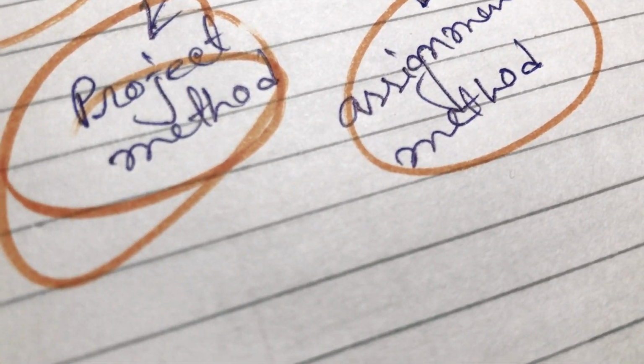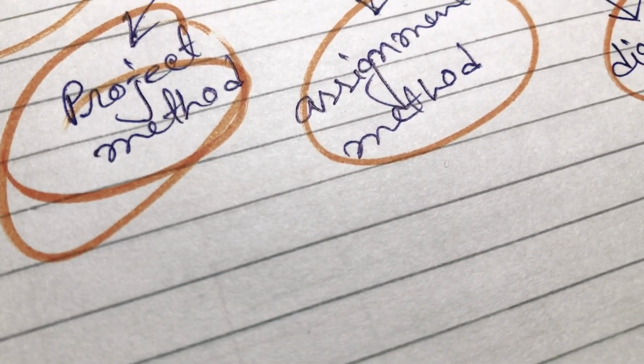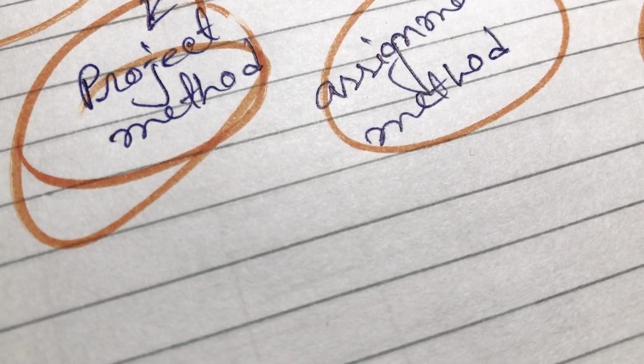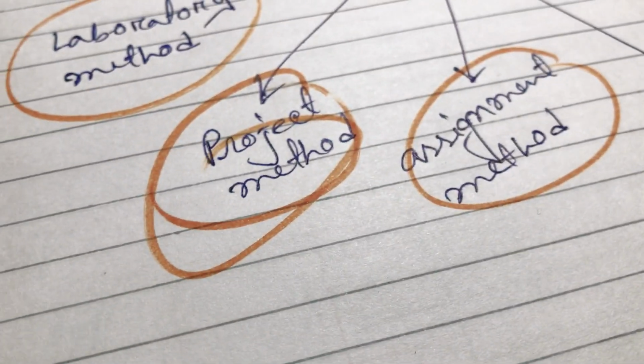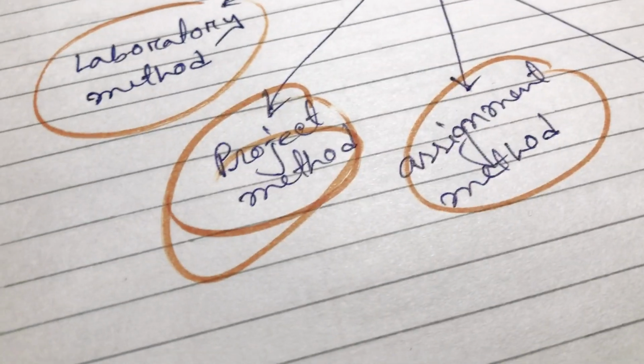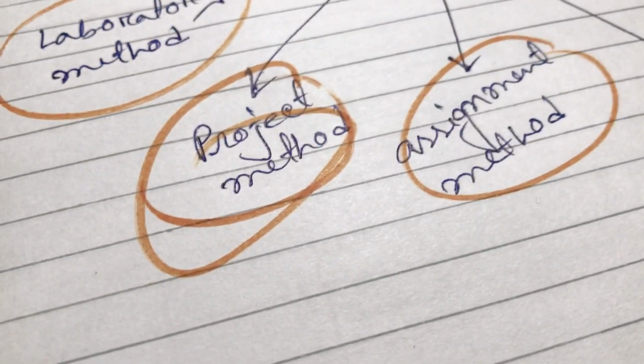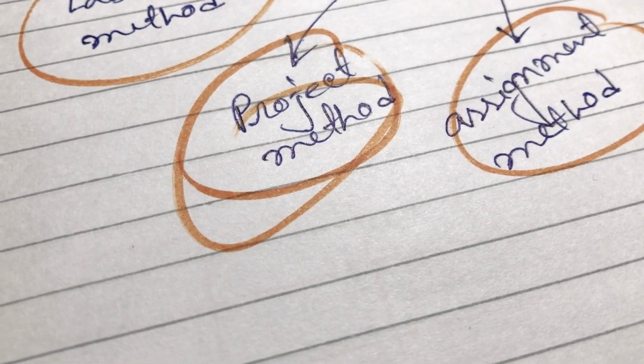And what are the demerits of the project method? It requires meticulous planning and execution, otherwise it can give unreliable results. It means you have to know it very properly, otherwise you will go down the wrong path.